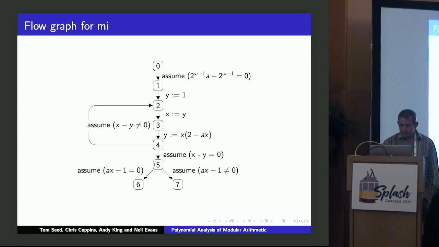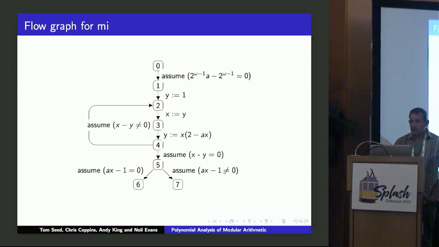Okay. Right, with that in mind, let's go back to the problem that we used to set up this talk. I've got here the flow graph of MI. I'm going to use this to work out the operations we need to support, at least to reason about this particular program. So what have we got? We've got assignments to constants, assignments to variables, assignments to polynomials, not surprisingly, and we've got assumptions, which are both positive guards and negative guards.